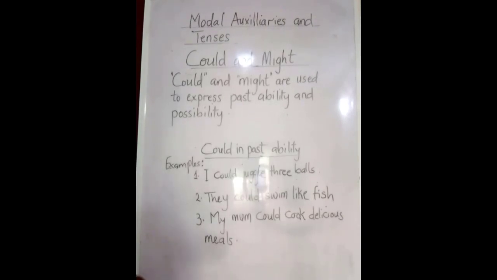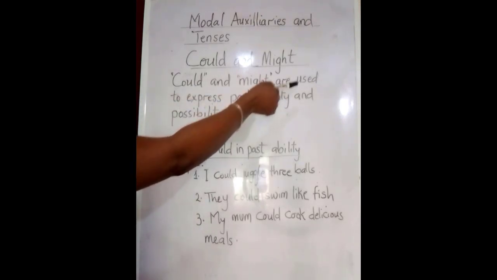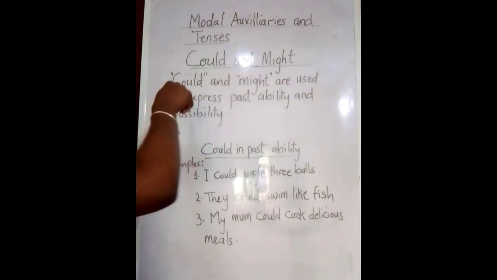So next is the use of could and might. These also go together just like can and may, because both are used to express past ability and possibility.